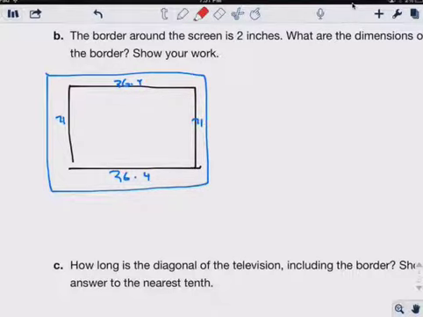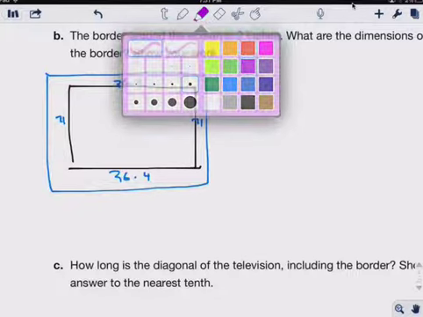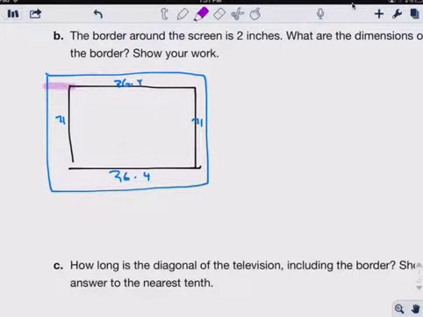Now the 21 only goes up to here. That's 21, right? This little piece length is 21. This is from here to here. From there is 36.4.